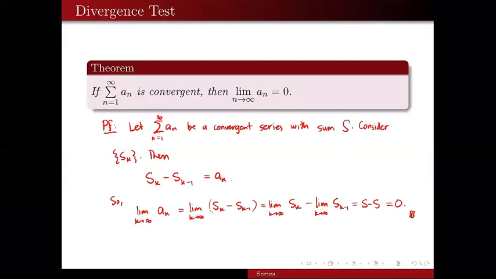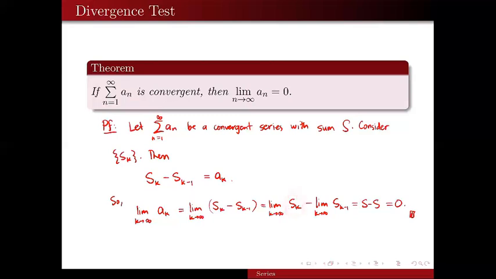So again, you can only do this part here because the limit here and here, they both exist. So you can separate. Okay? So question, why is it S minus S?